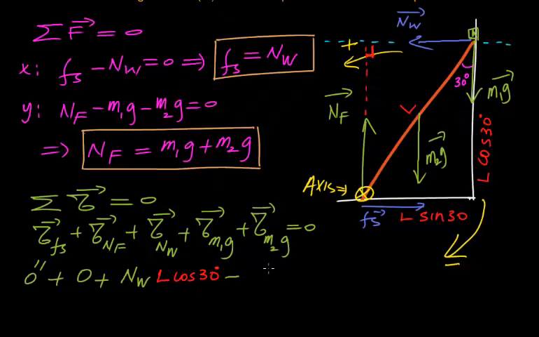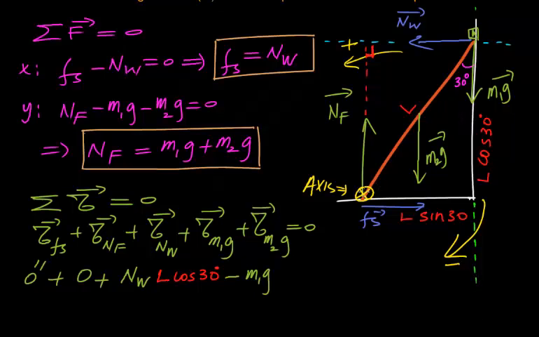M1G has a negative torque because it's turning clockwise. Here's the negative sign. M1G. The lever arm for M1G can be easily evaluated. The line of action for M1G is the following. I'm going to use the dashed line here for you to be able to pick it up.